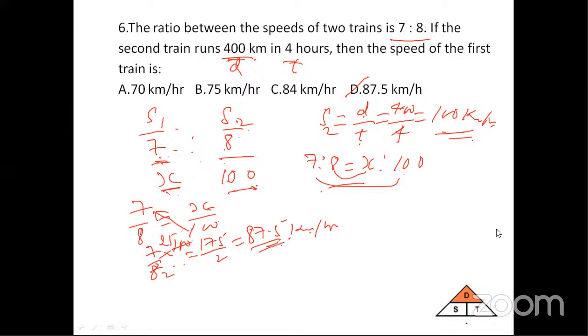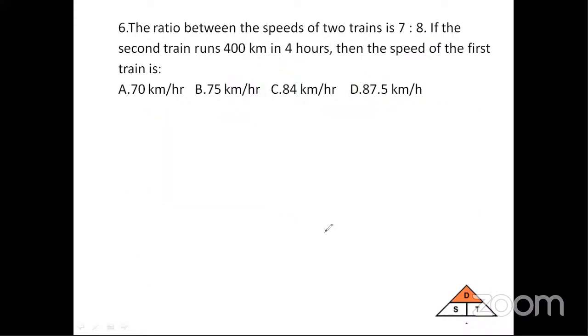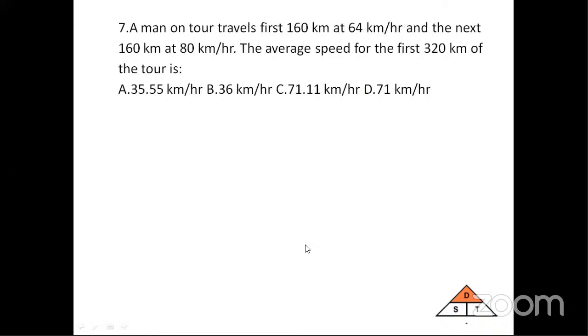Okay, let's move to the next one now. Again, if you observe carefully, a man travels first 160 kilometers at 64 kilometer per hour and the next 160 kilometers at 80 kilometer per hour. So if you observe carefully, distance is the same here, which means we can use the average speed for the 320 kilometers.